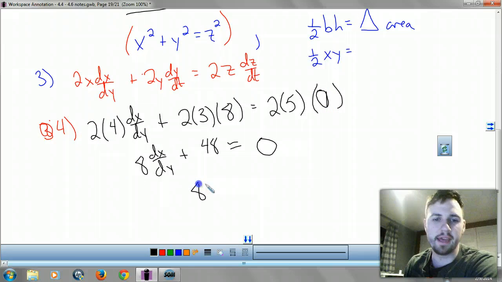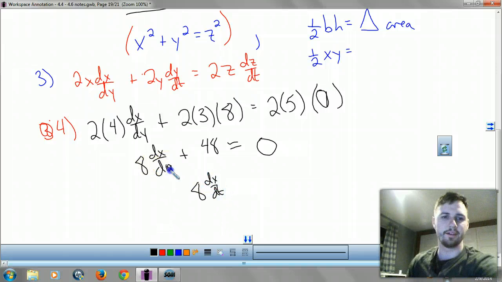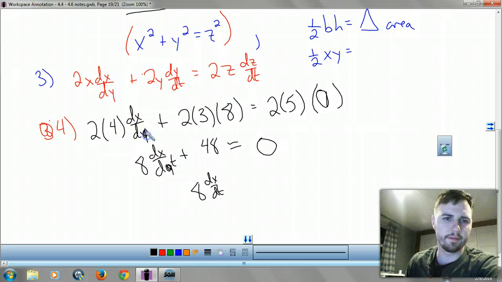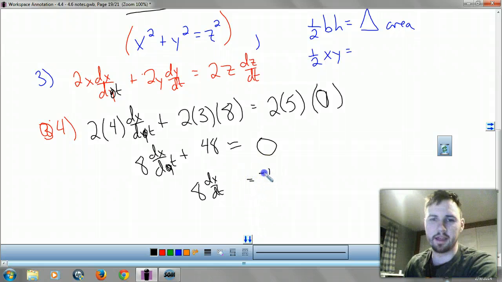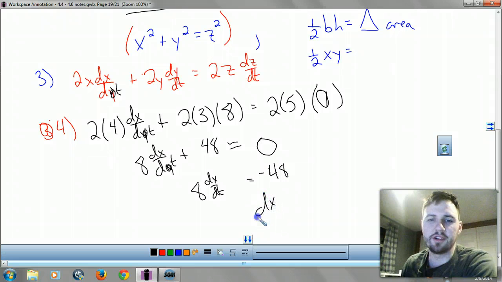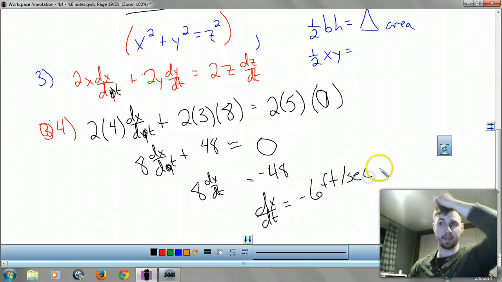Okay, so you get 8 dx over dt equals negative 48. So your change in the height of the wall at a given moment is negative 6 feet per second. Okay?